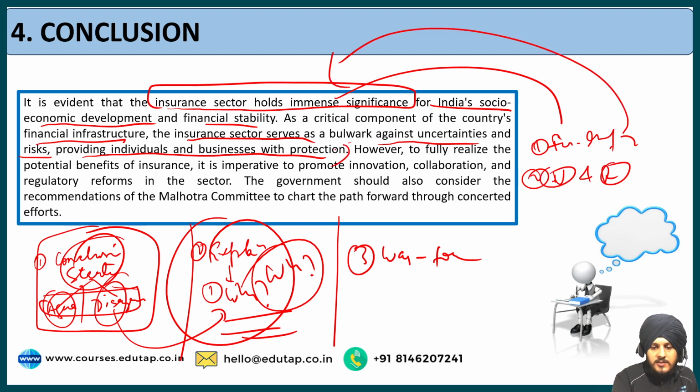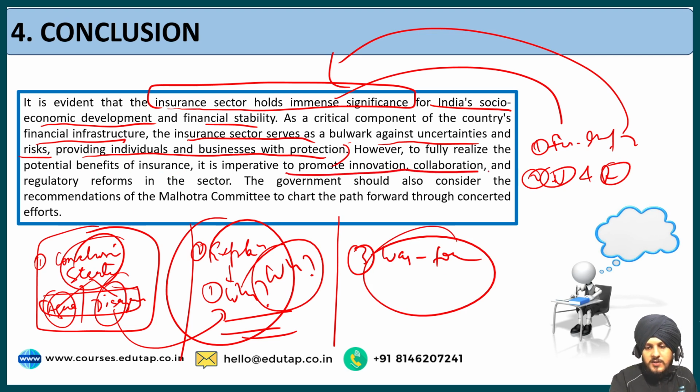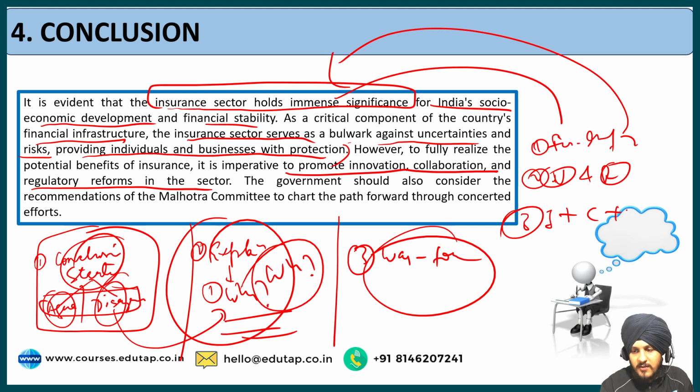So the last point is regarding the way forward. However, to fully realize the potential benefits of the insurance sector, it is important to promote innovation, collaboration and regulatory reforms in the sector. So what is our third point regarding the way forward? What should we do for the future to promote innovation, collaboration and regulatory reforms? And what else?